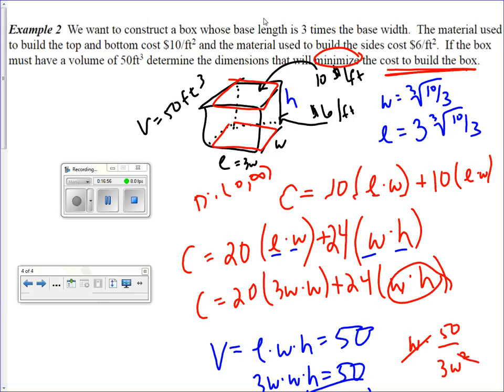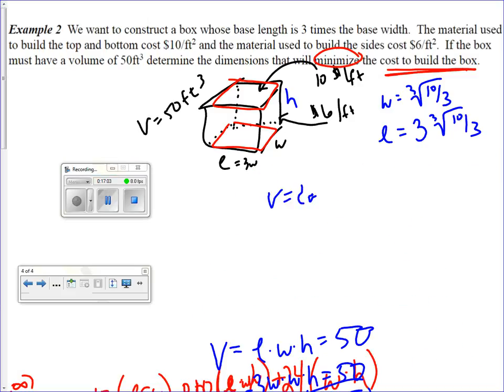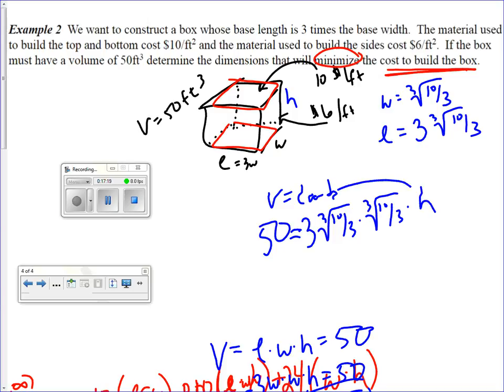So we know that volume is length times width times height. So I just moved some stuff so I had some room. So length times width times height. And I know the volume is constrained at 50. So 50 equals 3 times the cube root of 10/3 times the cube root of 10/3 times h.